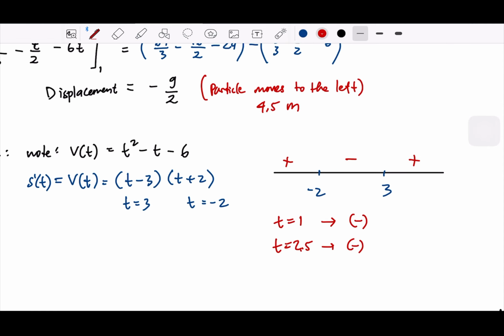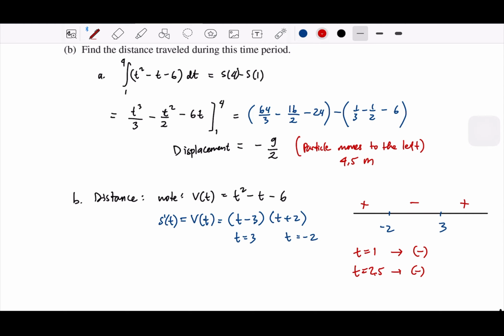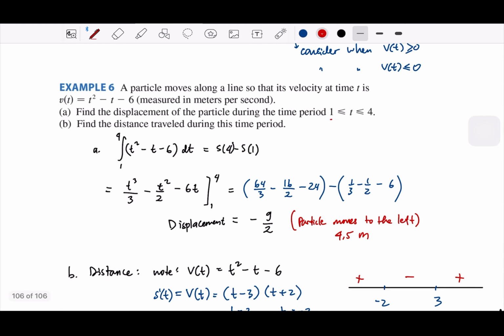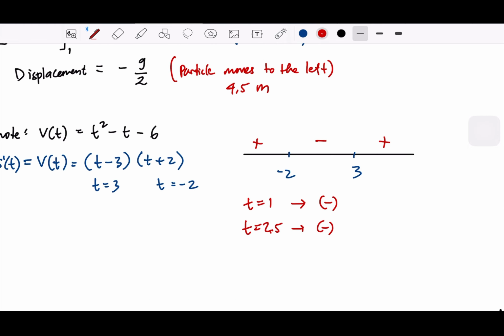Because we want t from 1 to 4 as the interval here, we can check each one. At t equals 4, it is supposed to be positive. So 1 to 3 is negative, and 3 to 4 is positive.